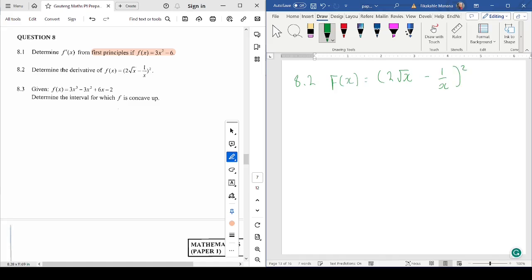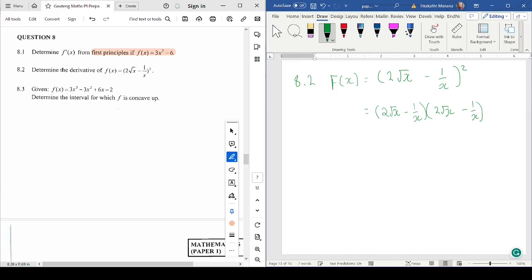Okay, so what I'd like to do is just simplify this, and I'm going to do that first by opening two brackets. I'm going to have 2 square root of x minus 1 over x times 2 square root of x minus 1 over x. Okay, that's what that square means.